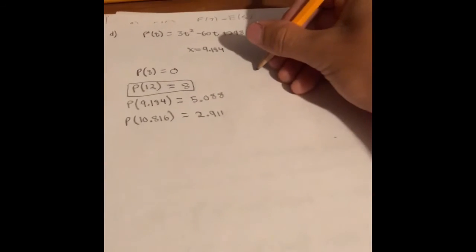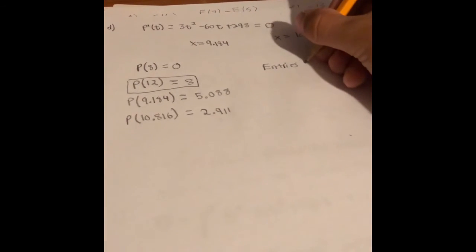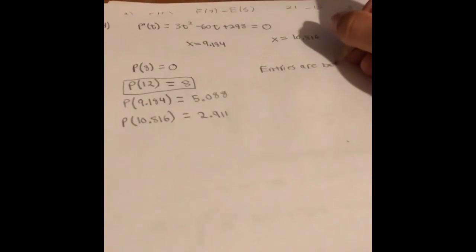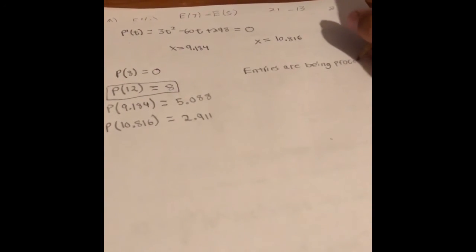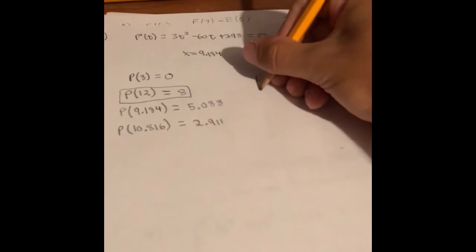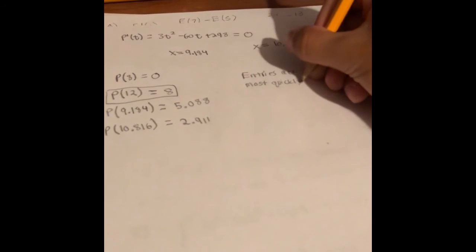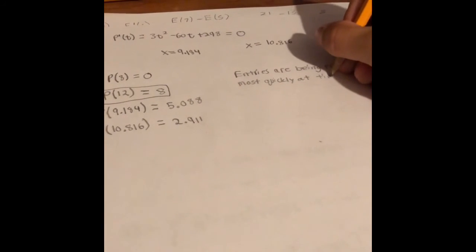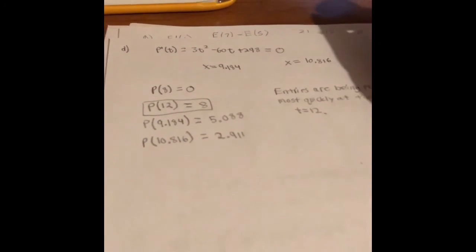And so we know by this that the entries are being processed most quickly at time t equals 12. And that's our part D.